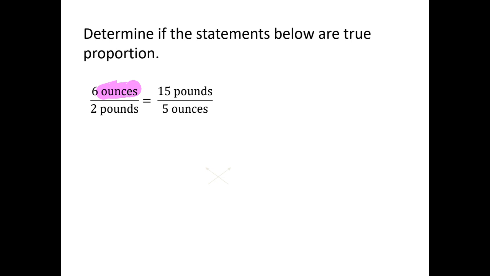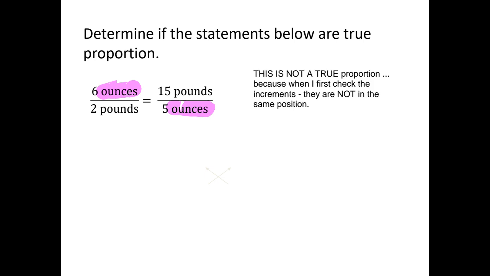This is not a true proportion because when I first check the increments, they are not in the same position. I stop right away. I don't have to do anything. They're not in the same position. So therefore, I don't even have to cross multiply.